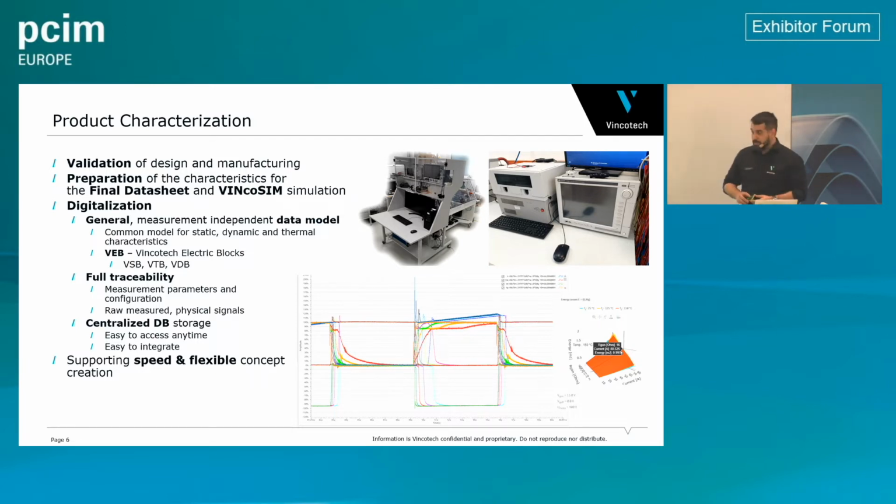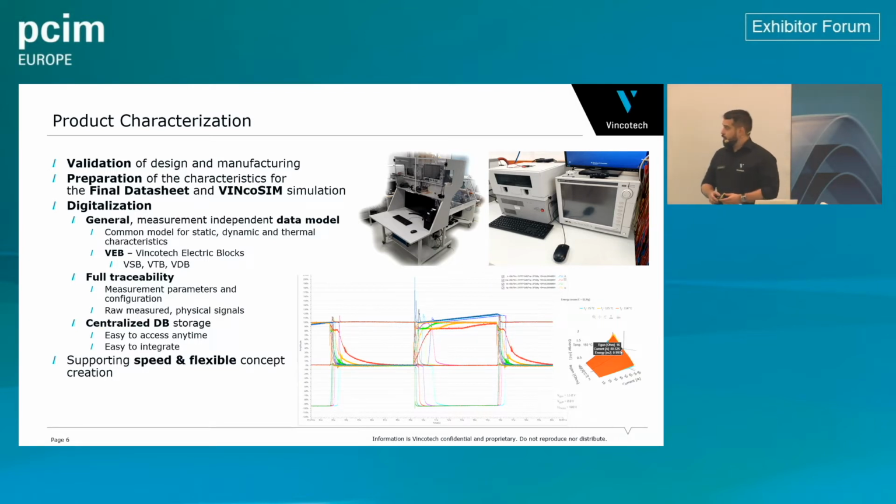We took digitalization initiatives here in the lab, so we created a general measurement-independent data model, which has a common basis for static, dynamic, and thermal characterization. This is what we call VINcoSIM electric blocks. These are full, flexible digital representations of the measurements.